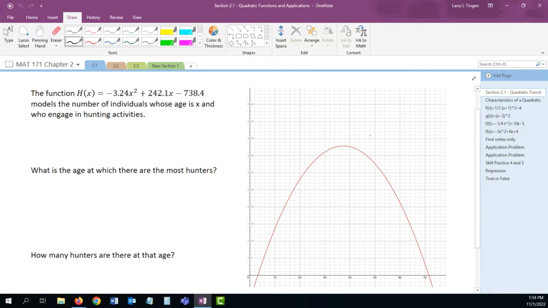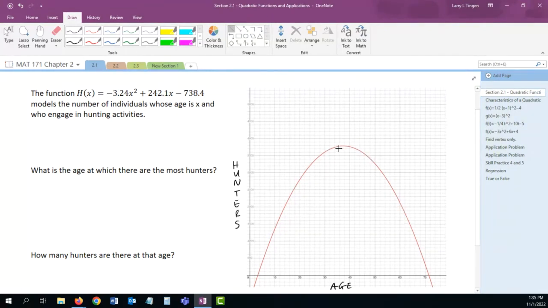Well, age is down here, and hunters along the y-axis, the age of the people along the x-axis. What age is there the most hunters?